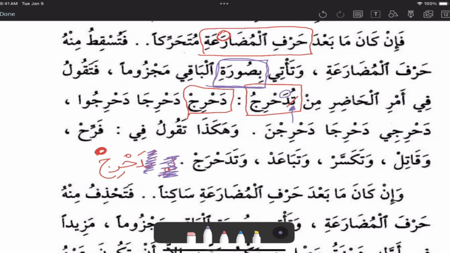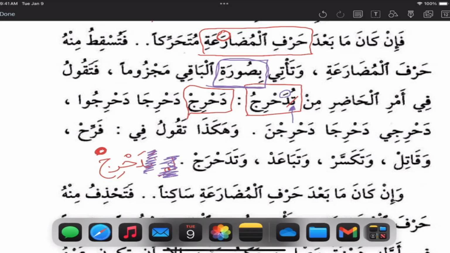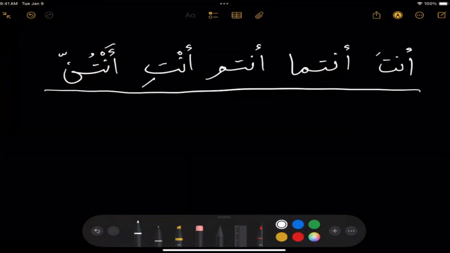وهكذا تقول في فرح وقاتل وتكسر وتباعد وتدحرج. So, if the verb is dahraja, then you'd say anta tudahriju.